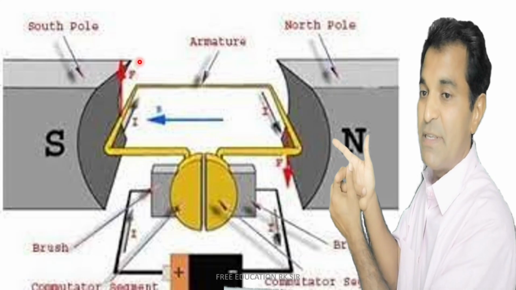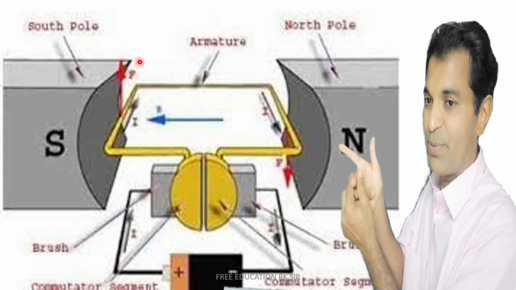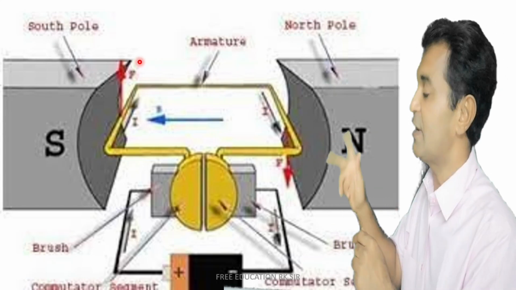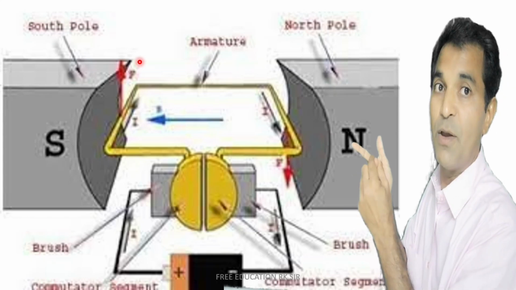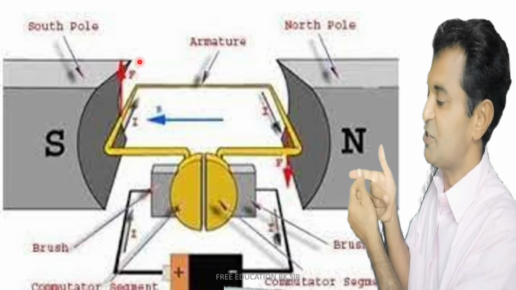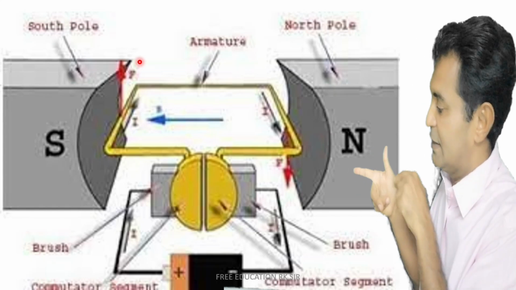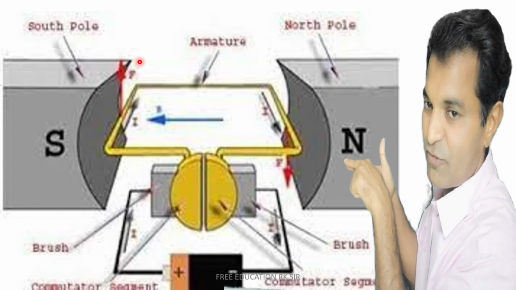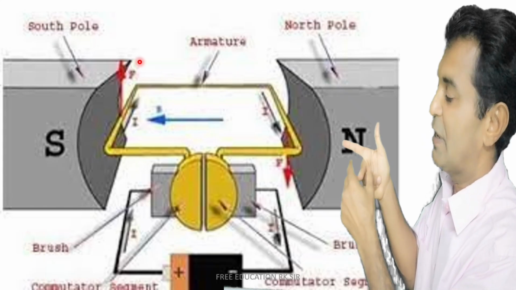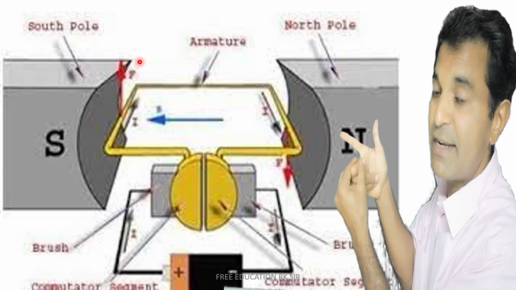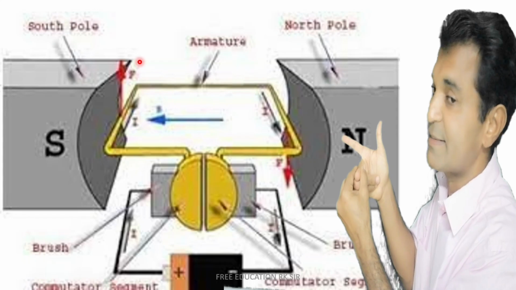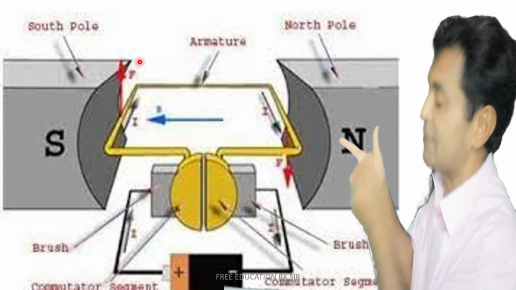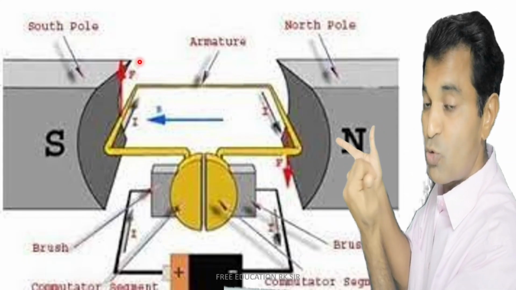So when current will start up in upward direction, inside the paper, inside the screen, this way. If this is the direction of the field, now what is the direction of the field? Direction of field, that is first finger, north on this side and south on this side. Central finger, current, is going inside the paper, inside the screen, towards you.